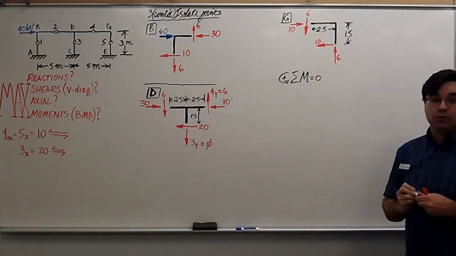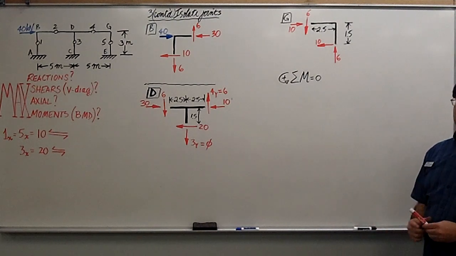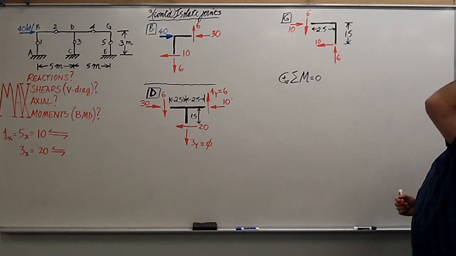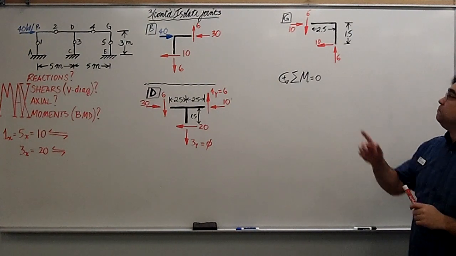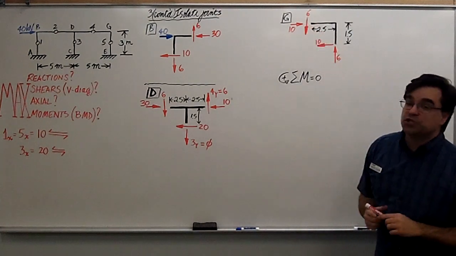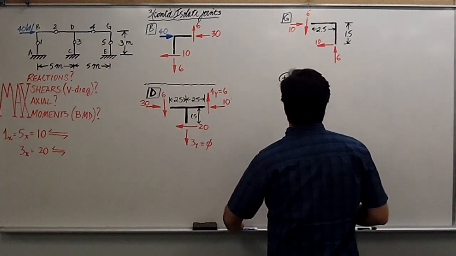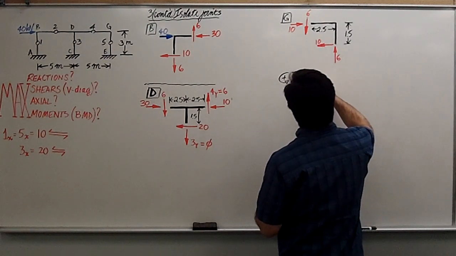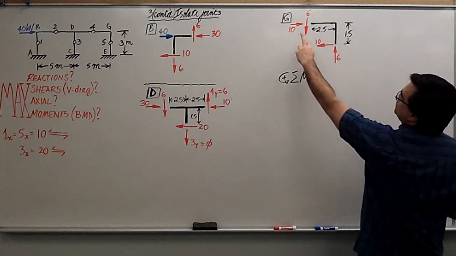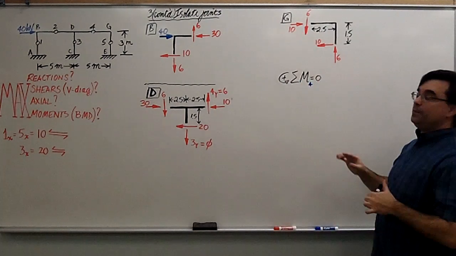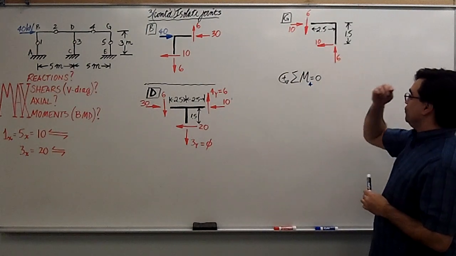So sum of the moments equals 0 at any location. I can pick any location. How about we do here? So that's inflection point 4. That means that these two forces do not contribute to moments with respect to 4, only these two forces.